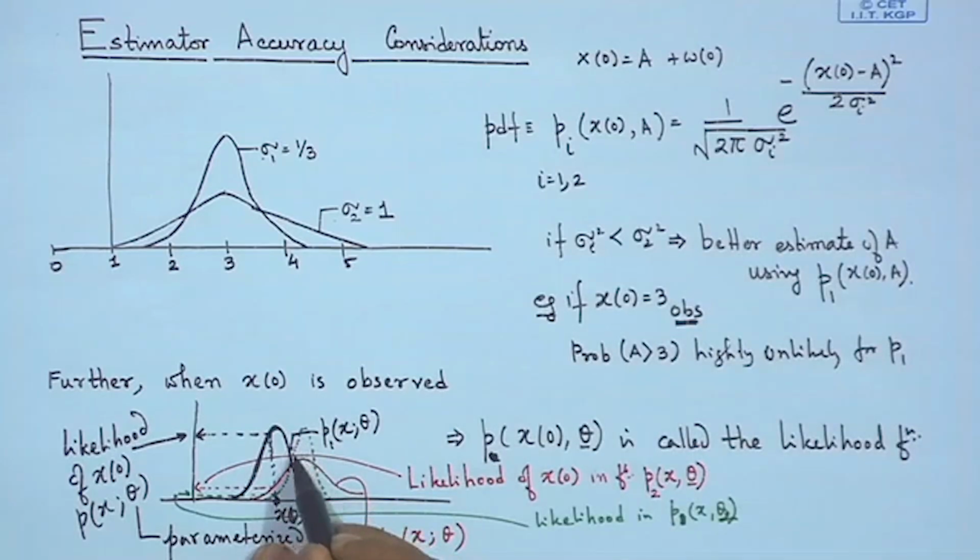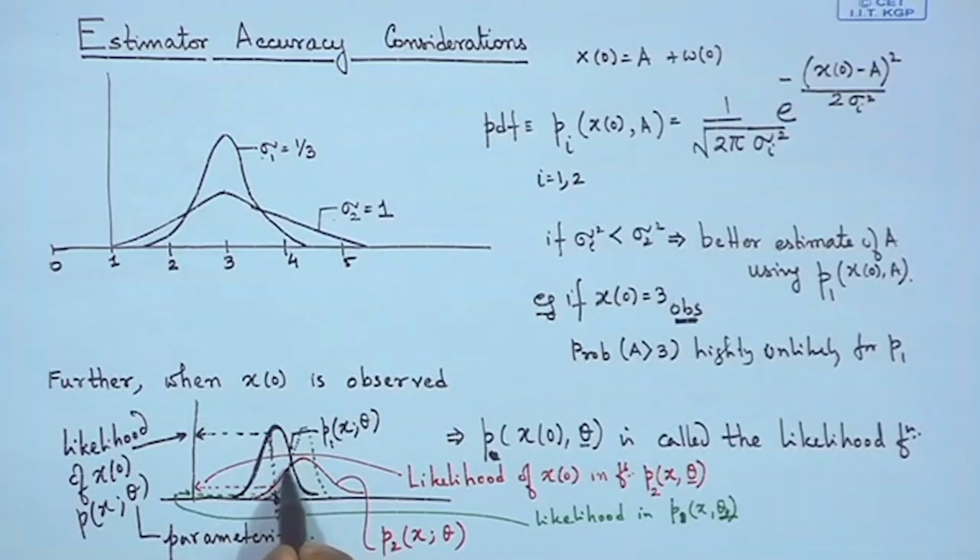If we consider this dashed PDF, which is green in color, then we will find the likelihood to get the signal is almost 0, which is very small. So, this is the shifted PDF, right, whereas the black one is nearly at its mean. Now, if we compare the one with this red PDF, which has a larger variance, right, what we find is the likelihood would be more than that of the green, but it is significantly less than that of the black.